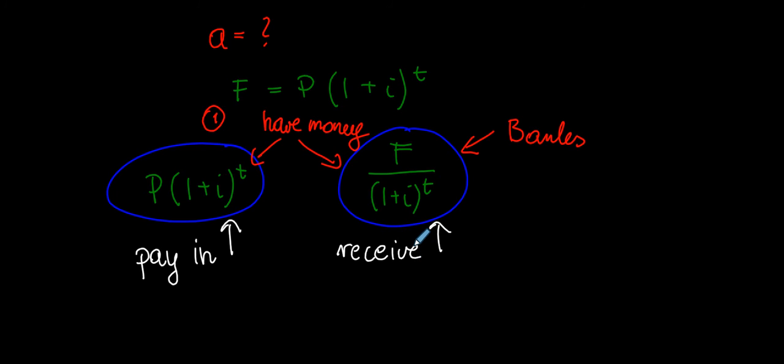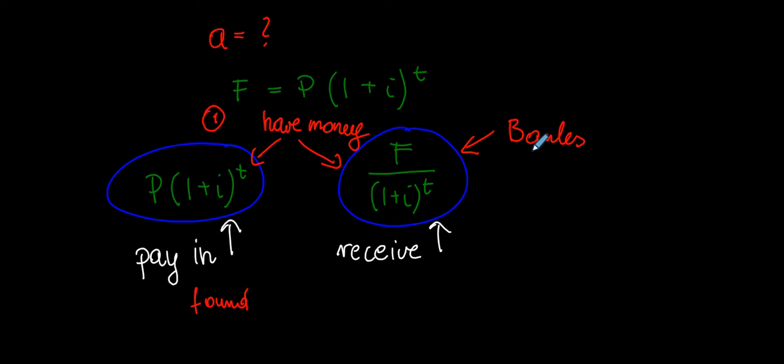So in practice, what does that mean? Usually this expression is for the situation where I am paying into the financial fund, the investment, the pension, and this situation is where I am having a big lump sum and I am investing, and therefore I am receiving the money from that fund that was invested.